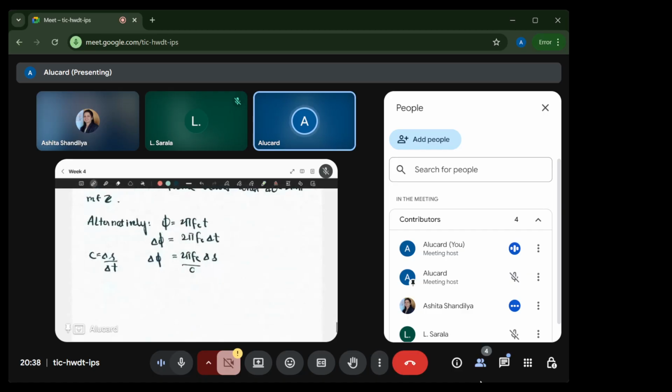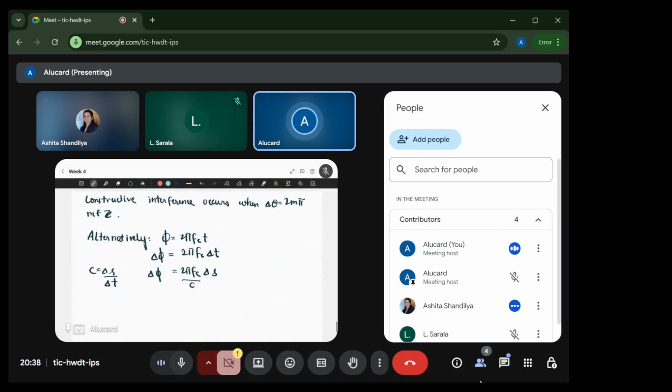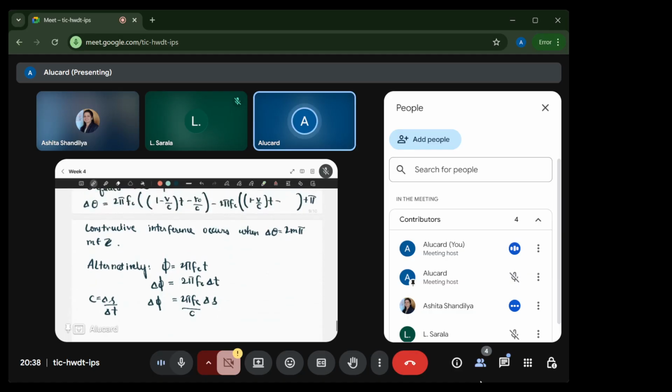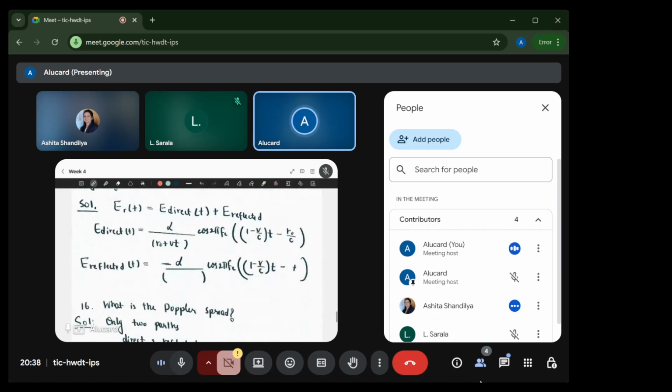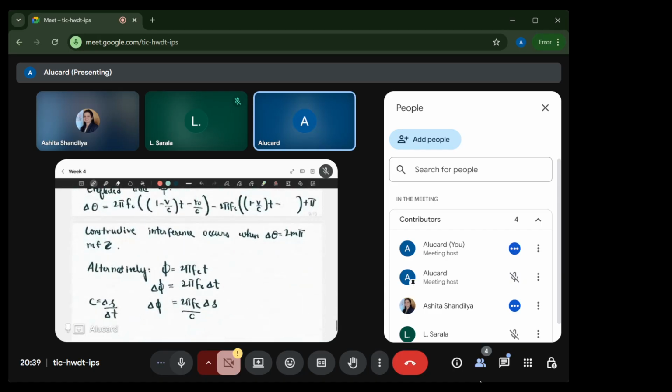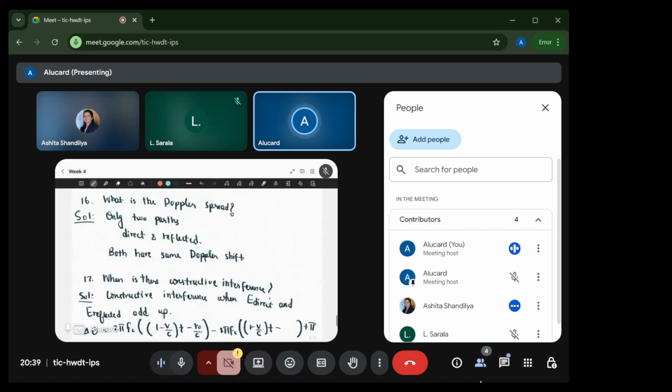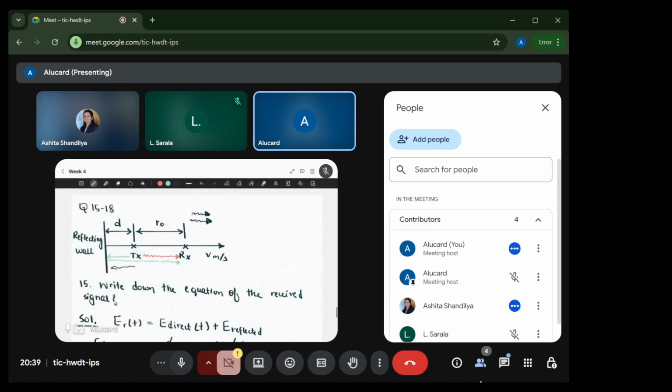So this is the effect due to the path difference. That is the difference in distance that both the signals have to travel. There's also the reflection from the wall, so you have to add plus pi. This is due to reflections. Now, what is the path difference between the two signals?